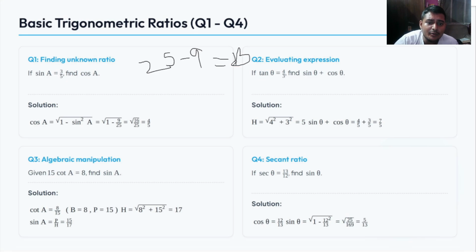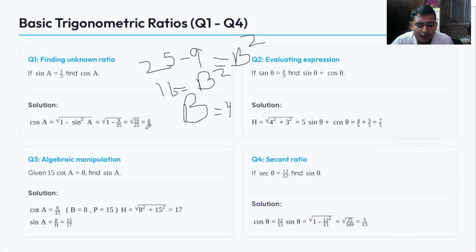It comes to be 16, which equals b square, and b equals 4. So now base is 4 and hypotenuse is 5. The cos A equals 4 by 5.